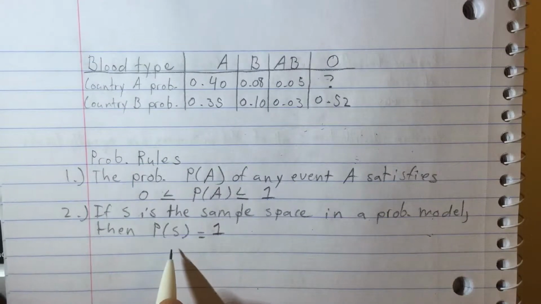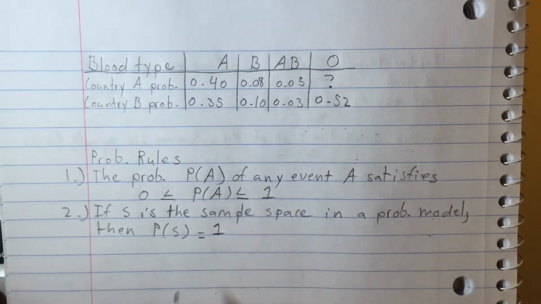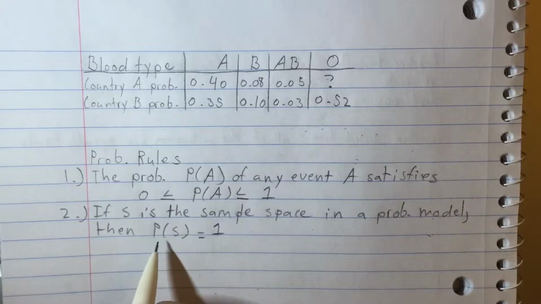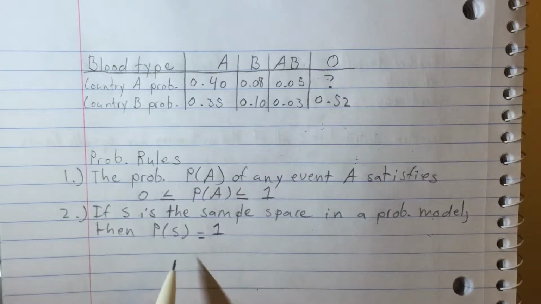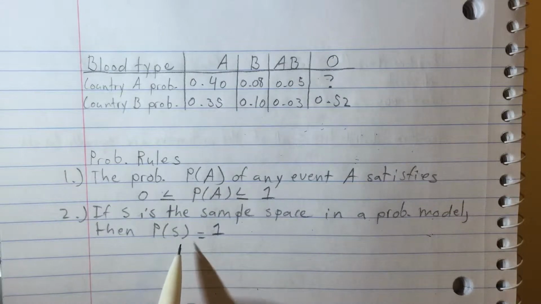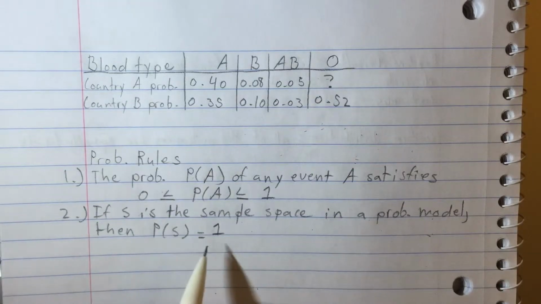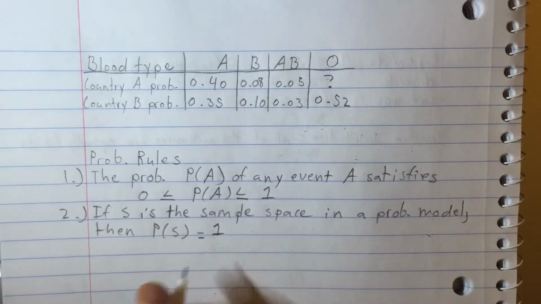S indicates the sample space here. In other words, the sample space is the total number of outcomes, and the total number of outcomes in each probability model should equal 1.